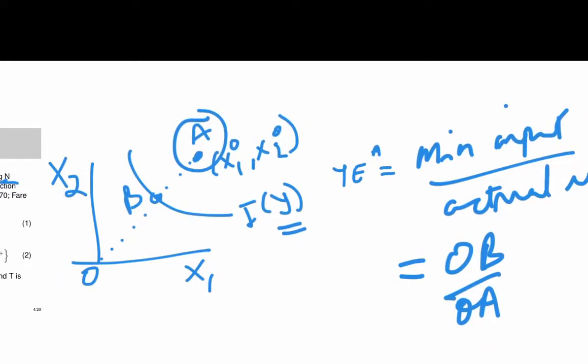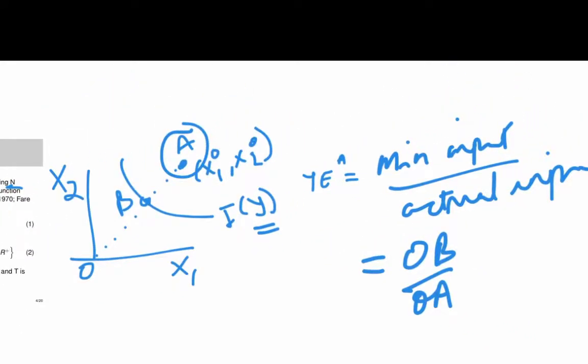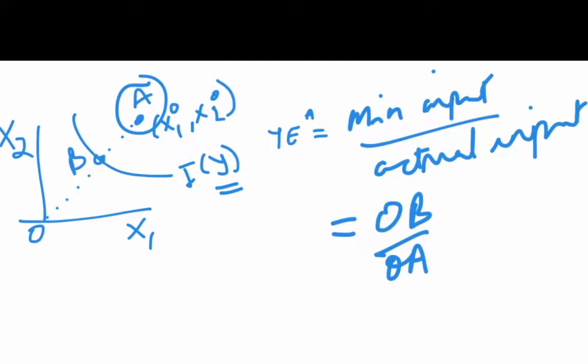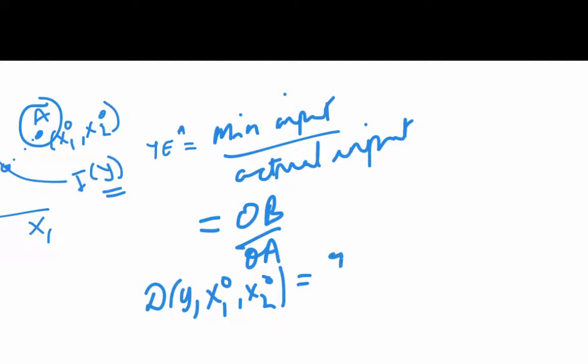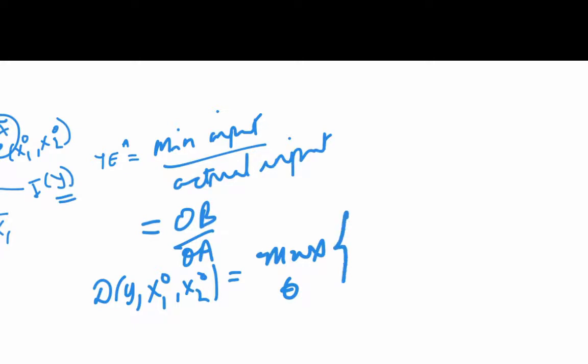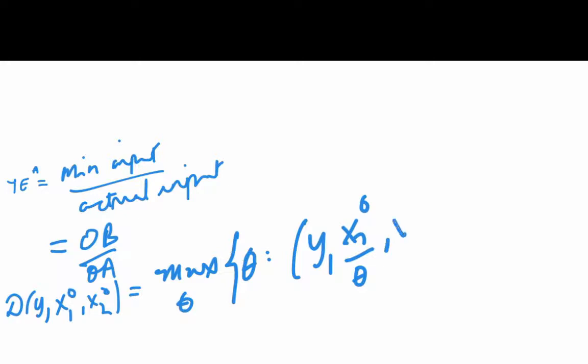Well, that factor is the inverse of our efficiency measure here, and the distance function value at this point would be equal to the maximum amount or supremum theta, such that y and x1 0 divided by theta and x2 0 divided by theta is still feasible.